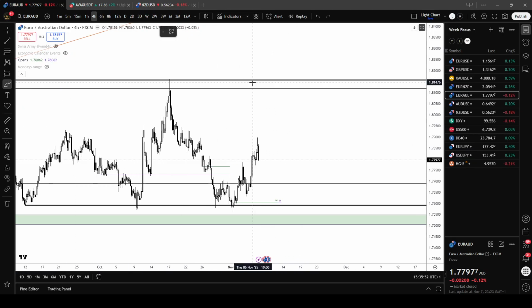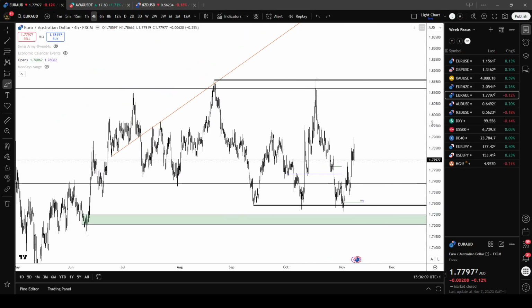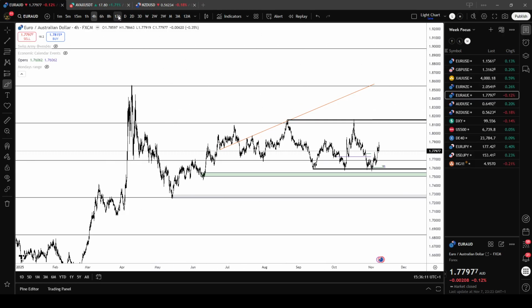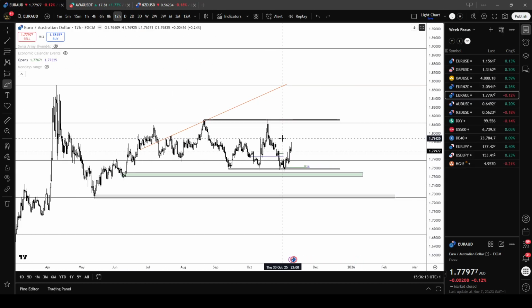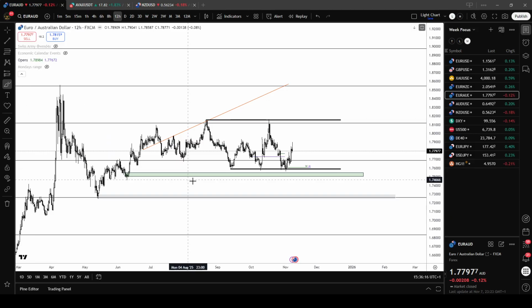The only real setup I'm willing to take on Euro AUD is short from here, because if it comes here, I think it's a gift, and you probably ride the trade into these lows. And as I've mentioned here on Euro AUD, I'm still waiting for the great long to be at this area, which was the origin of this whole move.